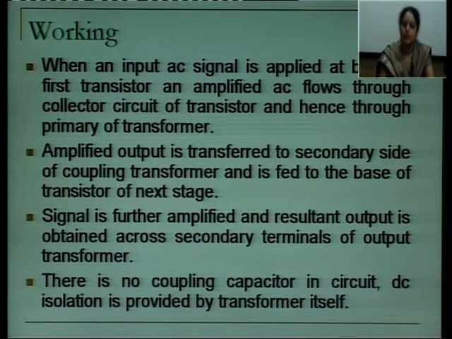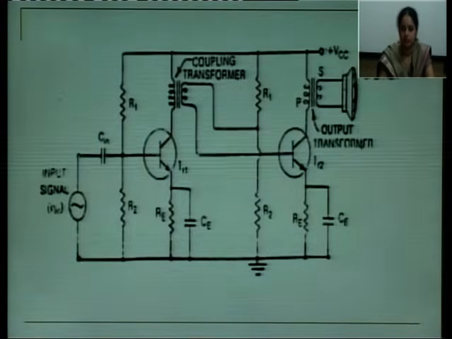Now this signal is further amplified and is provided at the output of your second stage, and this is obtained across the secondary terminals of your output transformer, as you have employed a second transformer at the second stage. There is no coupling capacitor in the circuit. DC isolation is provided by the transformer itself.